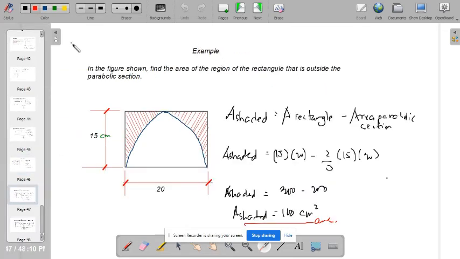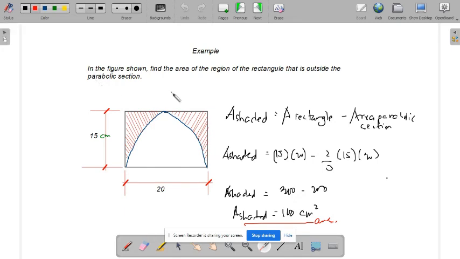Let's do some examples here. In the figure shown, find the area of the region of the rectangle that is outside the parabolic section. Find the region in the rectangle that is outside the parabolic section. So therefore, this shaded part is what we require here. The area of the shaded part is equal to the whole area of the rectangle minus the area of this parabolic section.